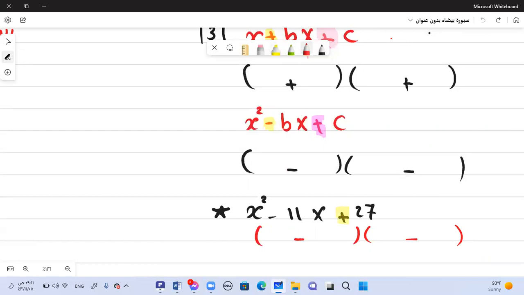Which are the two numbers? 3 multiplied by 9. Sorry, we should write here 12. We add them, because here we have addition, we should add these two numbers. If adding them gives me 12? No. Yes.